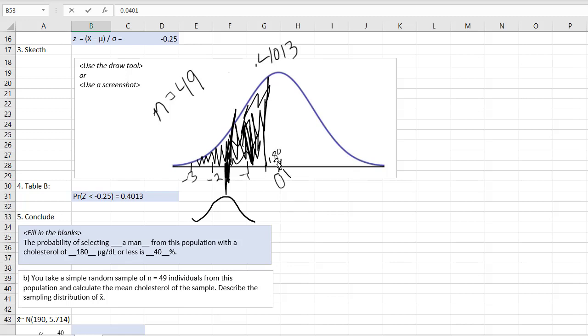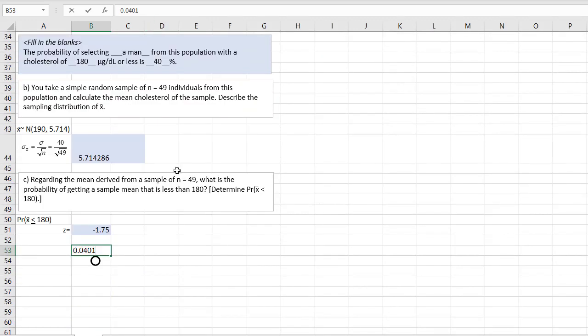Remember, this right here is 190, and there was a 40% chance of getting just one person at less than or equal to 180. But now we're talking about 49 people trying to get an average that is less than 180. This is just a vague area that I'm drawing here. And the probability of finding a mean this low or lower is 4%.